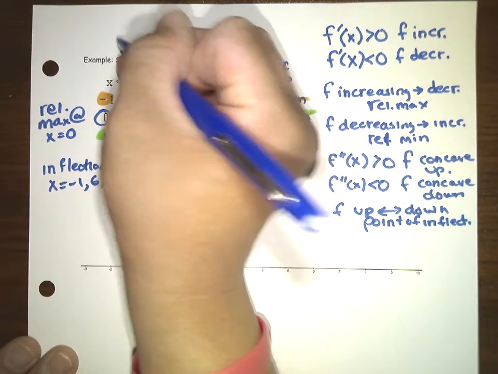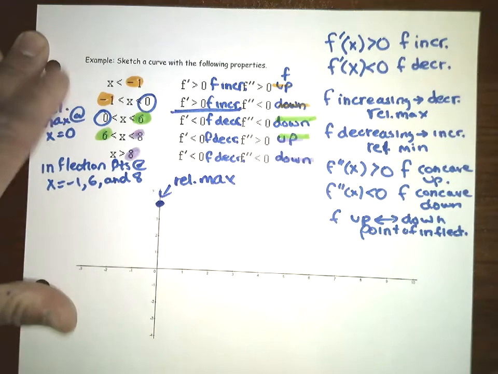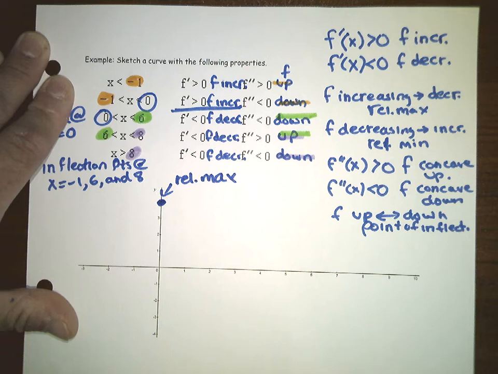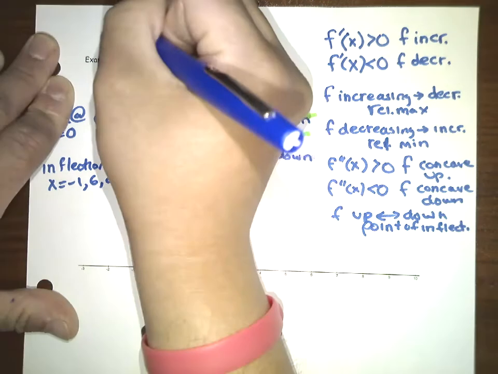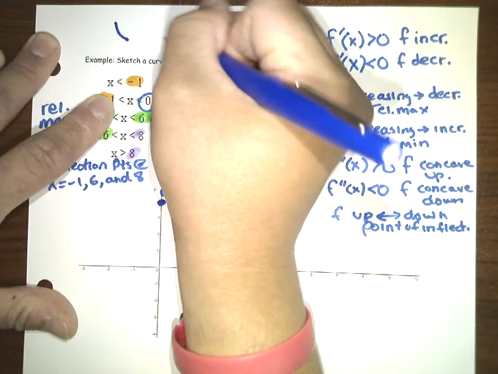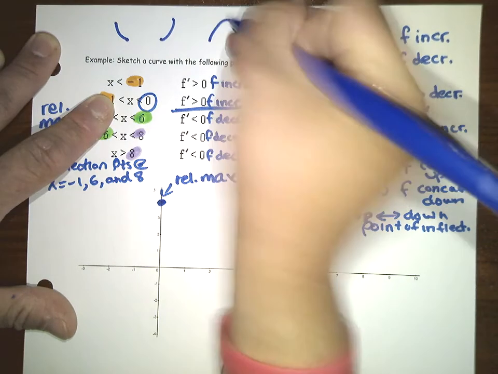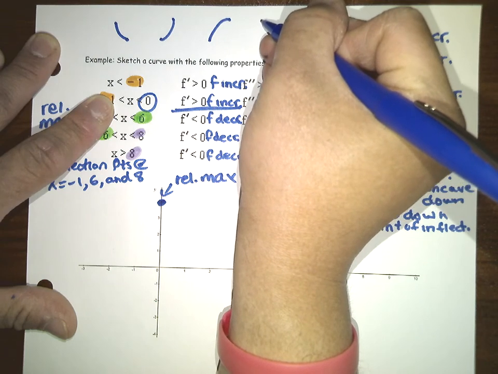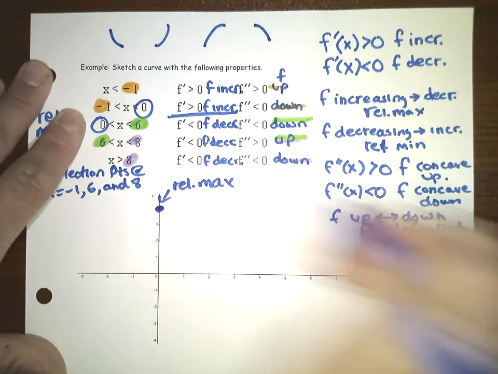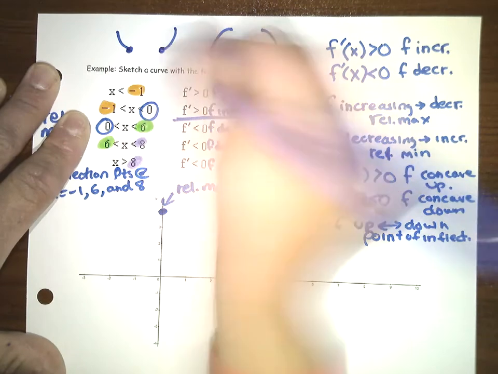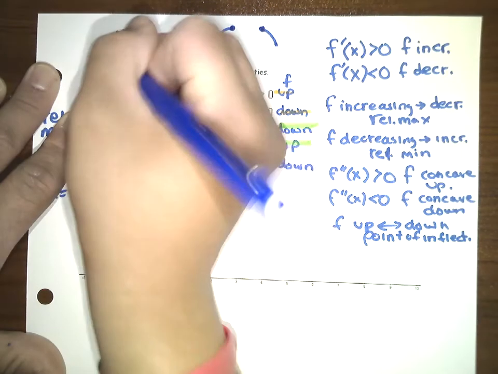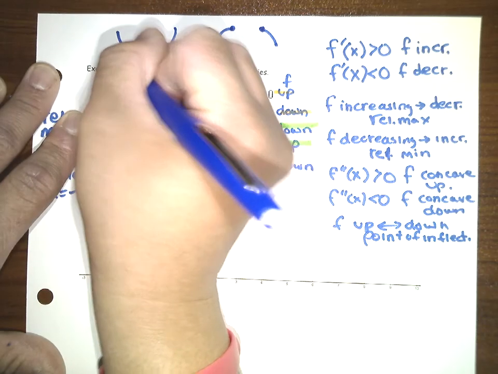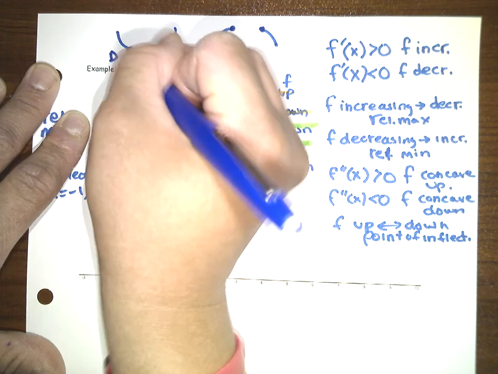Now, remember that there's actually only 4 things that could happen. So it's going to be like this, like this, like this, or like this. All right. So this is the general shape for decreasing and concave up.